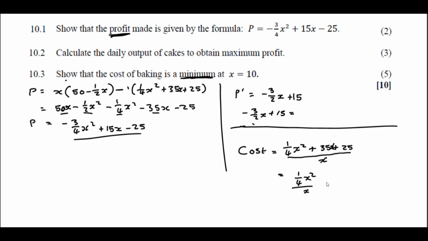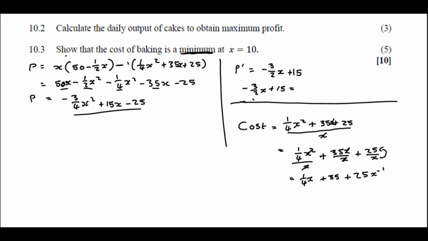I have x squared over x, plus 35x over x, and then I have plus 25 over x. I'm sure most of you understand what I'm doing now. I cancel one x and I'm left with 1 over 4 x, then I cancel and I'm left with 35. And here, I'm going to have 25 x to the power negative 1, because when I take this up there, I have to have a power of negative 1.